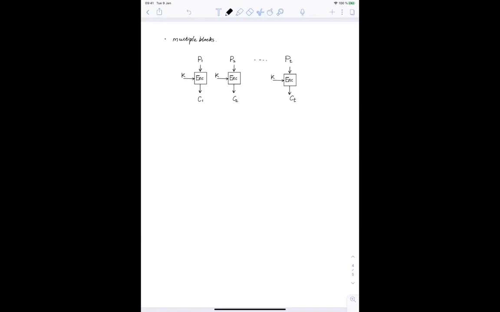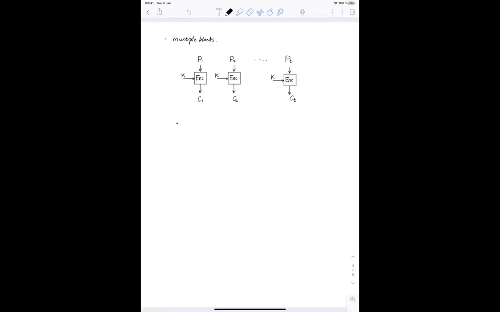Now in this case, of course, we can encrypt these blocks separately. So P1, P2, and PT, all of these blocks are encrypted separately. And let's look at what might be the feature or weakness of this process.